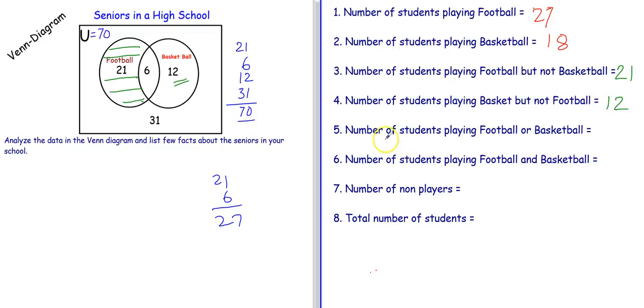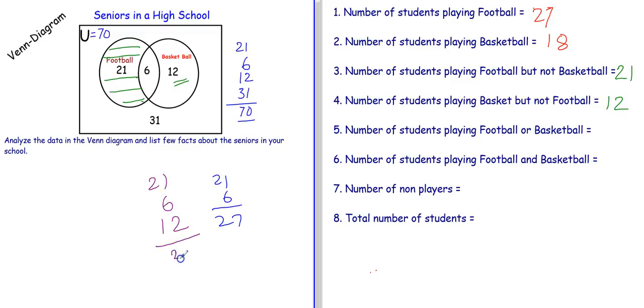What do you have next? The number of students playing football or basketball. So any student who is present either in the football set or in the basketball set should be considered. Altogether we have here 21 plus 6 plus 12, that is 27 plus 12, which is 39.